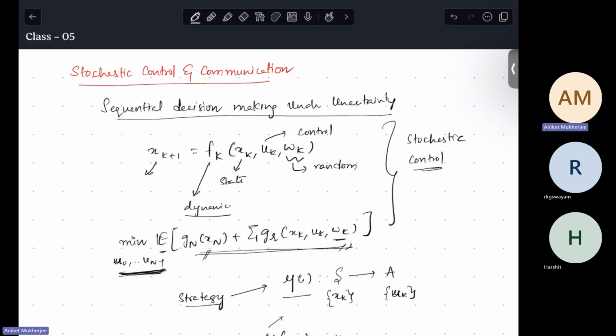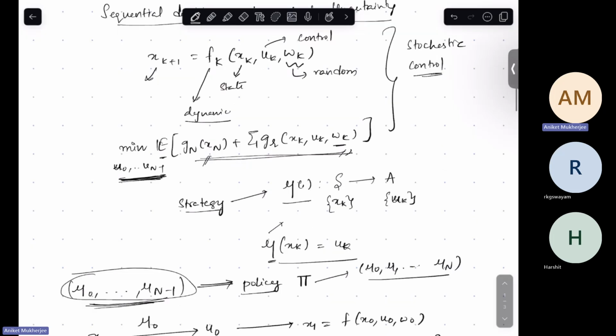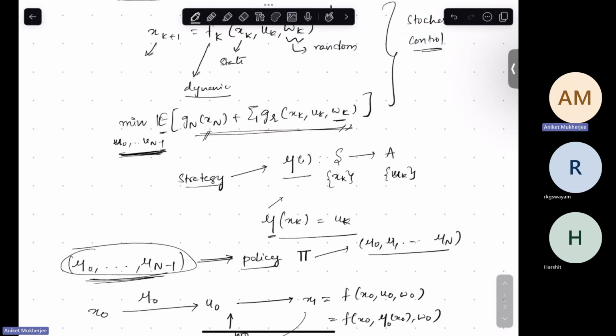They are similar in the sense that all the methods of solution, how you get the optimal solution, could be applied to stochastic control, the same methods could be applied to MDP, and the same methods could be applied to the reinforcement learning setup. I hope this is clear. So in stochastic control, you're minimizing cost.